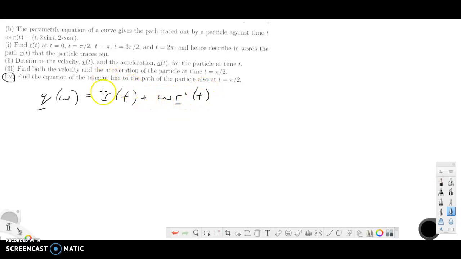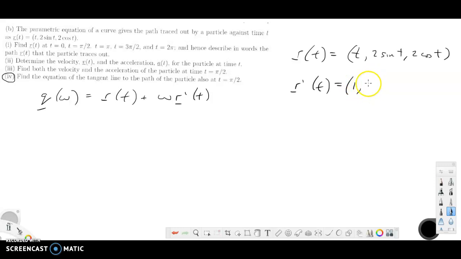So we have a positional vector given to us, t, 2 sine t, comma 2 cos t. And we've already worked out earlier the first derivative of this, and that was 1, 2 cos t, and minus 2 sine t.